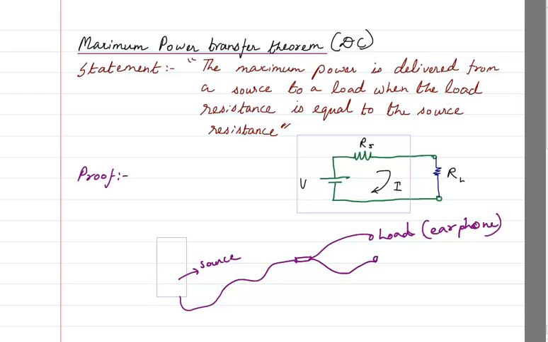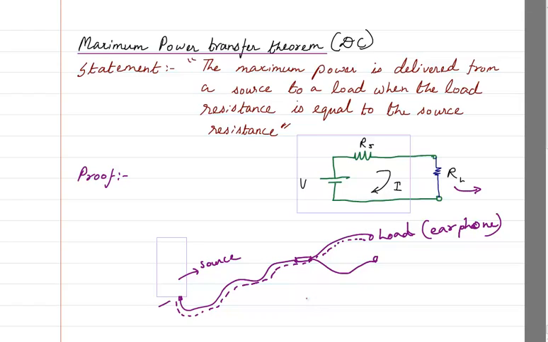So what maximum power transfer theorem says is that if you want to get your signal very nicely, with full power, if you want to take the maximum power from here and deliver it all the way to your load resistance, which is your earphone, then the earphone resistance should be equal to the source resistance. Otherwise, the power will basically reflect back. I am not going deeply into that, but this is just one of the applications.